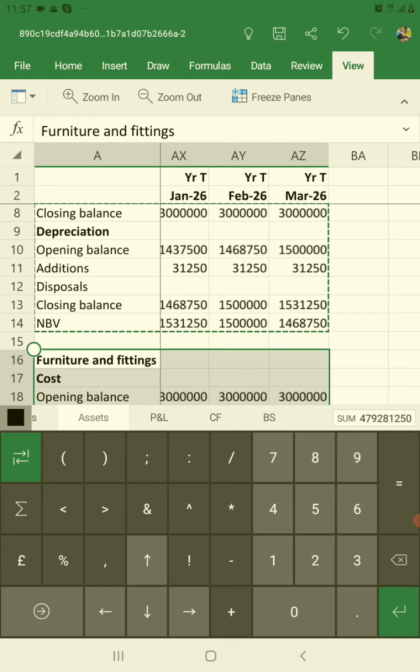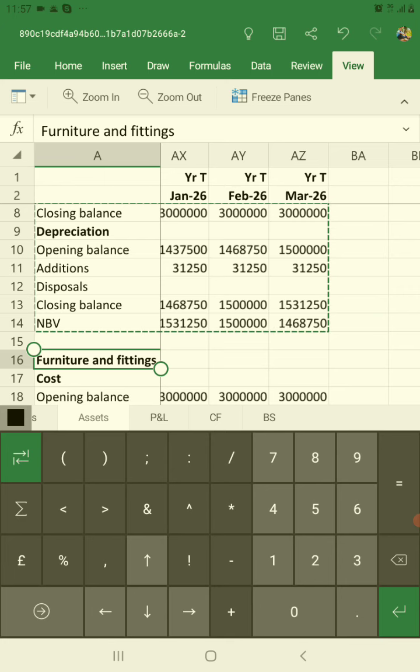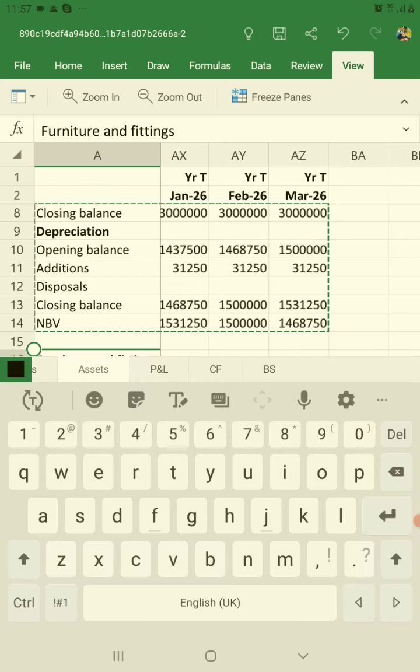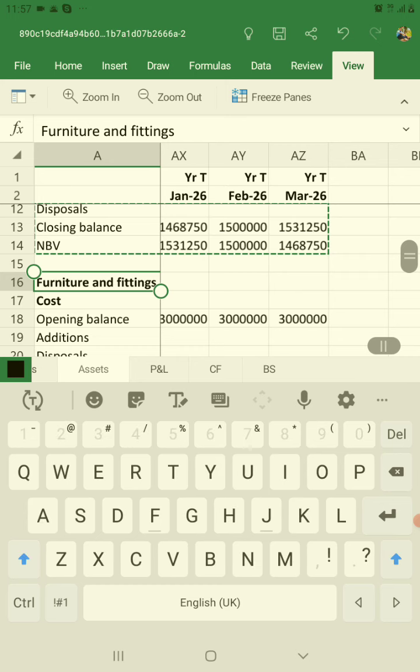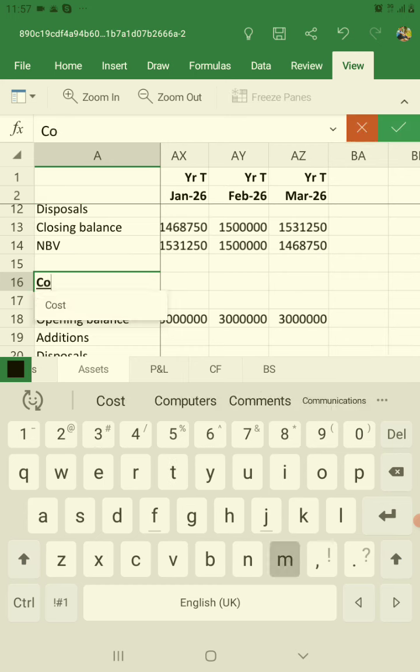So I have pasted it, and now I can just edit. Instead of furniture and fittings, now it is computers. So I go back to this typing pad and type computers.